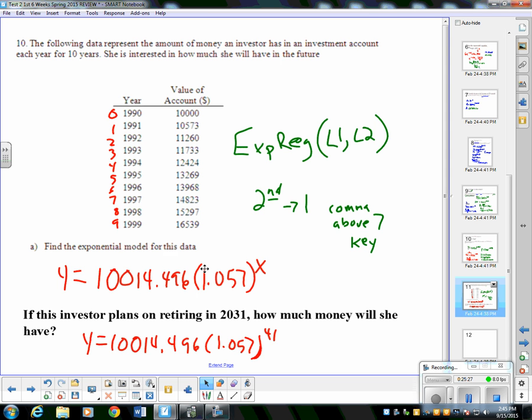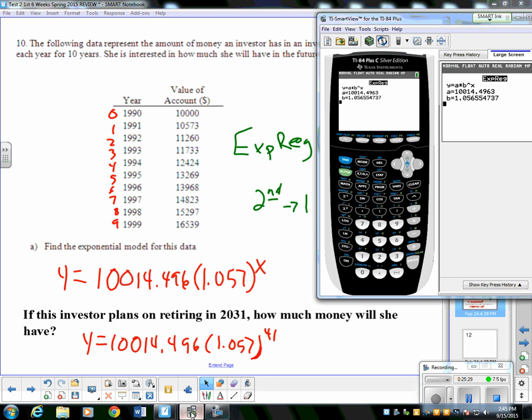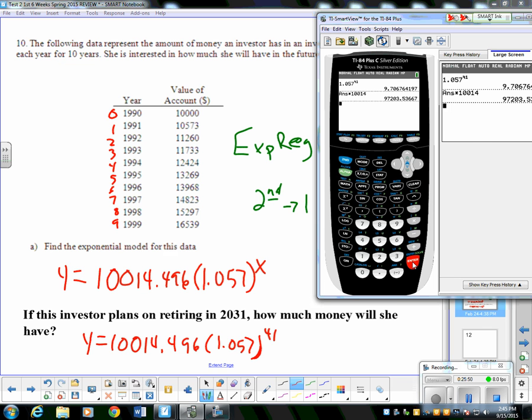In this particular case, I'm going to physically type it in. 1.057 raised to 41 times 10,014. So this person after 41 years would have $97,203.54.